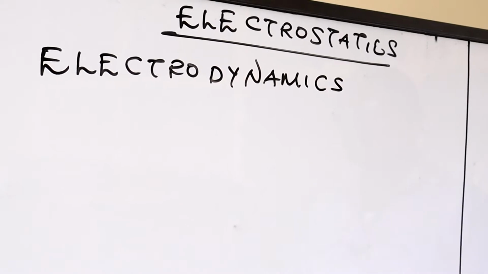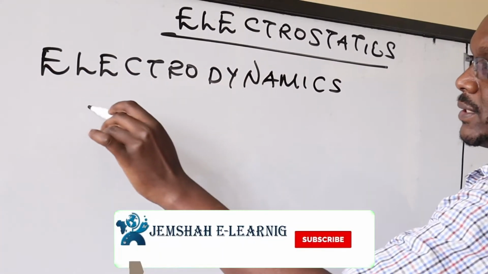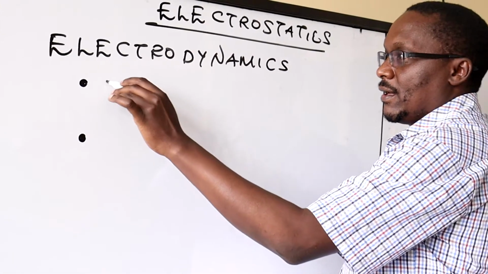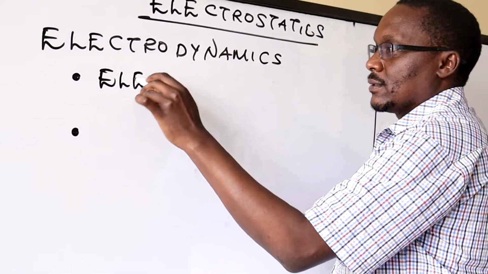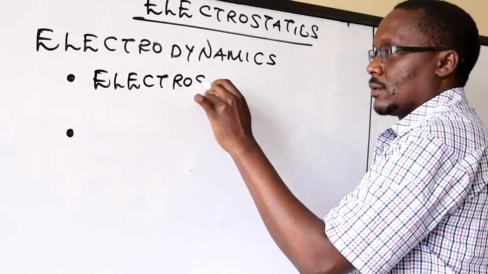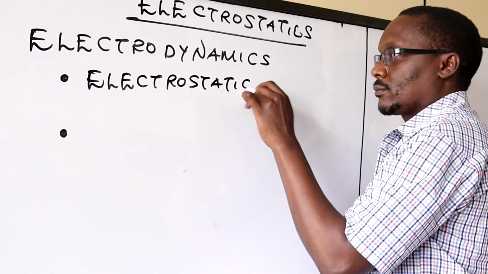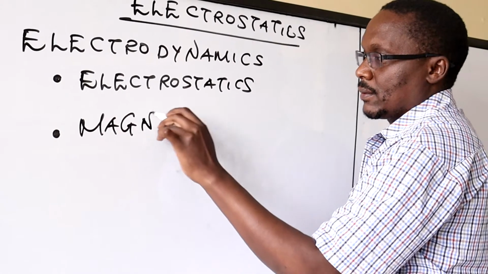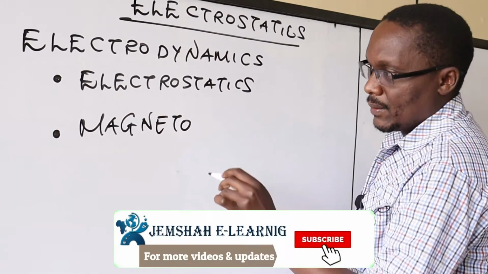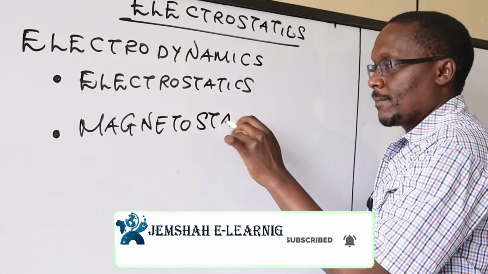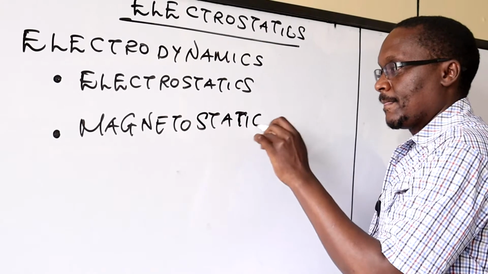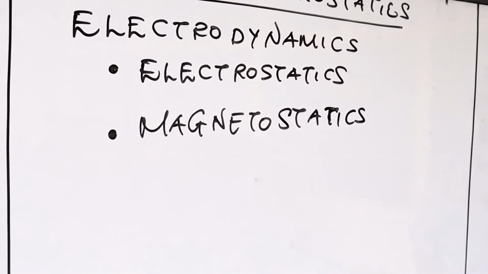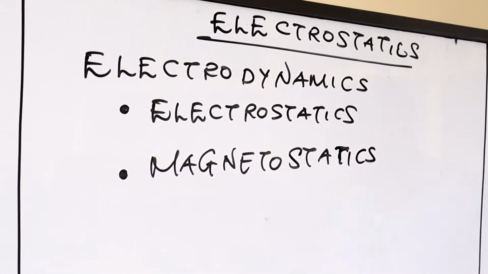In electrodynamics we are going to look at only two major concepts according to our Diploma 3 syllabus, and this is electrostatics and magnetostatics. So these are the two major concepts that we want to look at under electrodynamics.